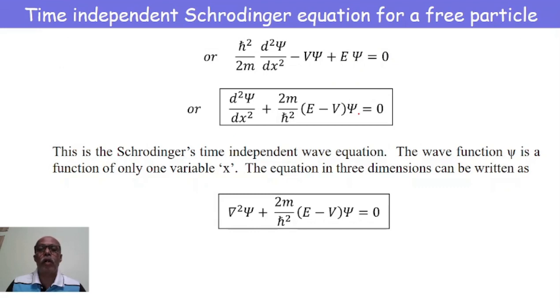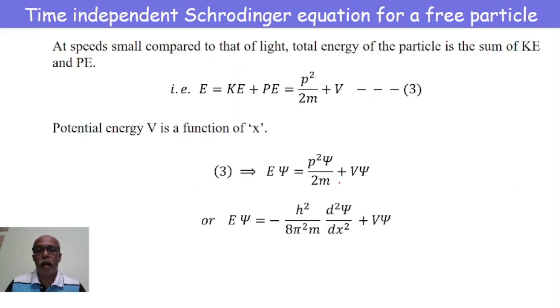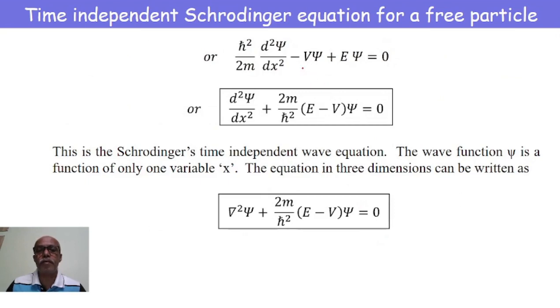Or rewriting again, I am bringing all these terms to the LHS. We get h square by 8 pi square m d square psi by dx square plus E psi minus V psi equals 0.